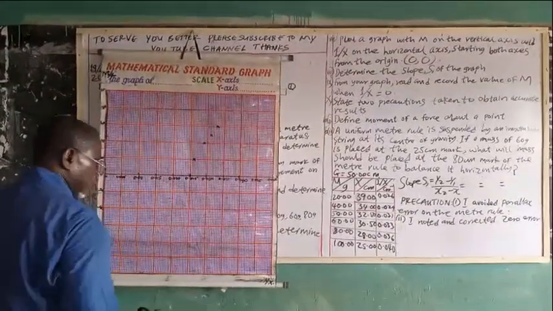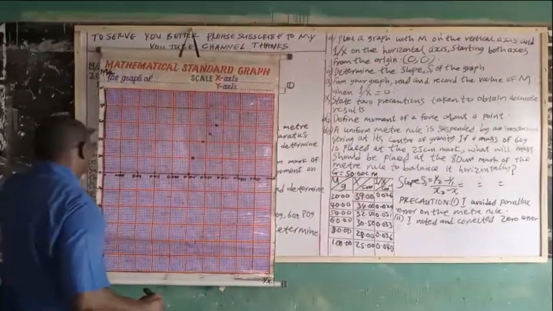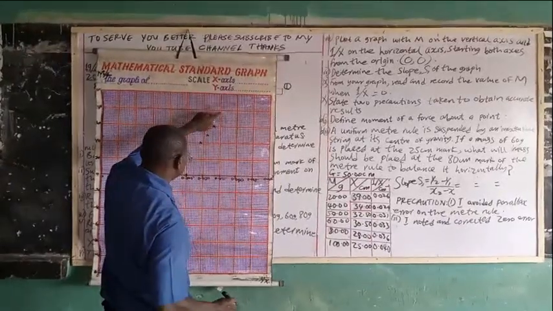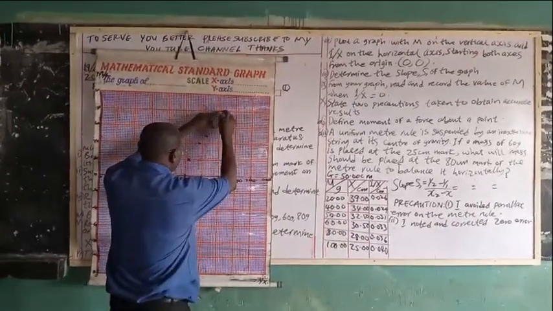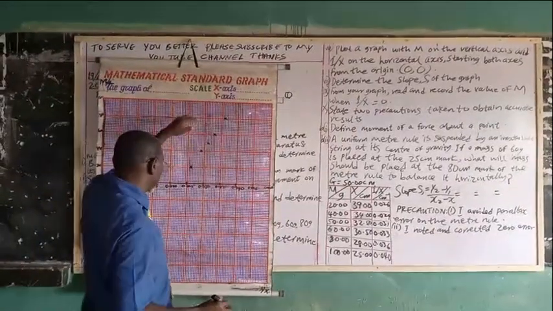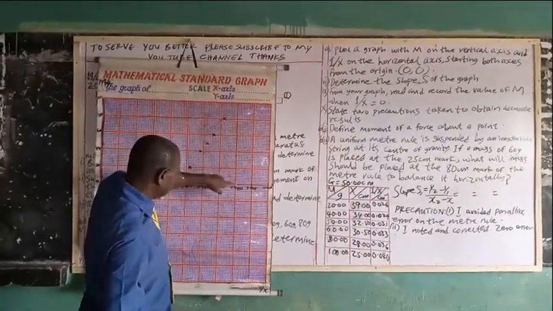The next one is 80 against 0.036. The next one is 100 against 0.04. This is 100, this is 0.04.